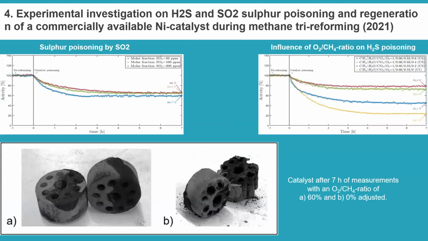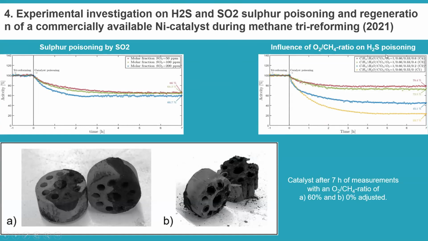In the study of sulfur poisoning by sulfur dioxide, the characteristic of catalyst poisoning remained the same no matter whether sulfur was fed to the inlet of the reactor as sulfur dioxide or hydrogen sulfide. In summary, the results show that sulfur poisoning by hydrogen sulfide was more pronounced than sulfur poisoning by sulfur dioxide.